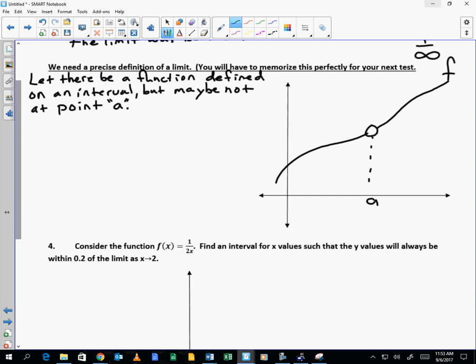Then the limit as x goes to A of the function is equal to L. Now we're going to see if you guys, this is your first test, see if you know what's going on, okay?